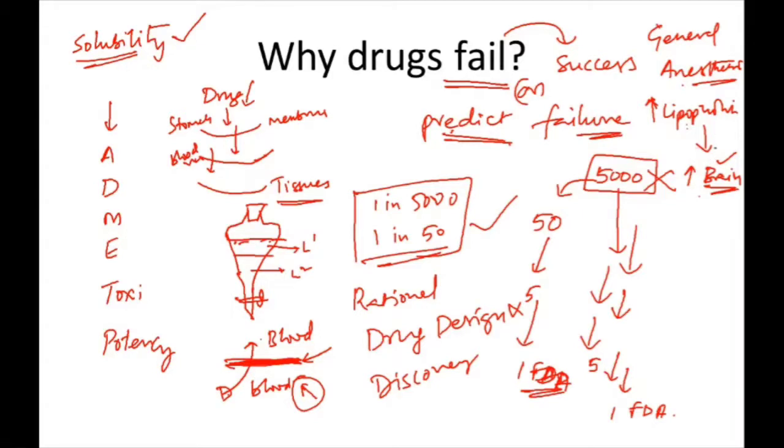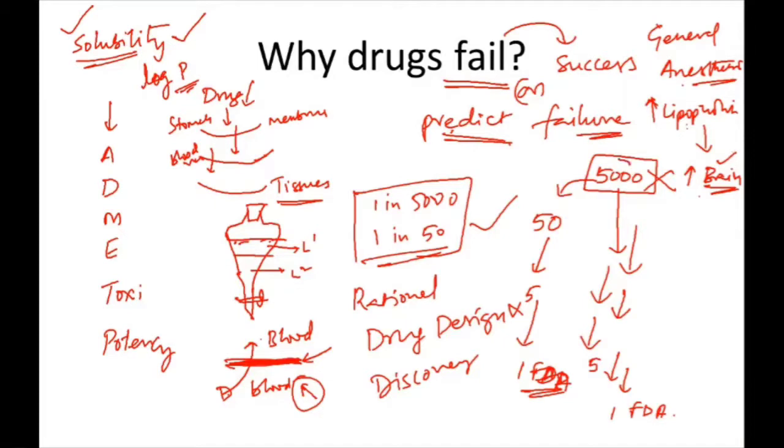So here what exactly are we doing? We are going to collect data from literature: when several drugs were successful, what was their solubility? When the drugs failed, what was their solubility, or in simple terms log P value, which is a mathematical parameter which we can calculate. With this we will be able to bring some conclusion.